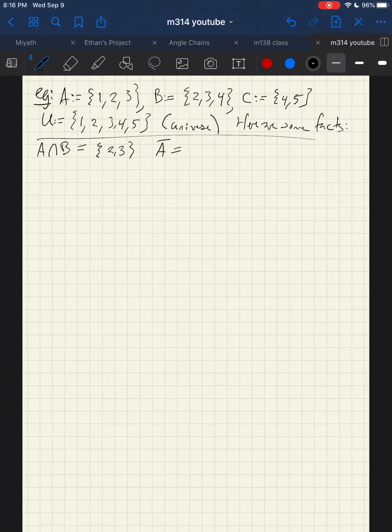We've got that A complement is C. You also might write this A to the C. I think the book writes it like that. Some other facts. We've got that B set minus A is the element 4. And we notice that A intersect C is equal to the empty set. And if two things have an intersection which is the empty set, then we call them disjoint.